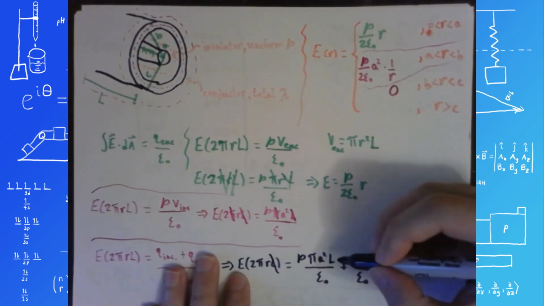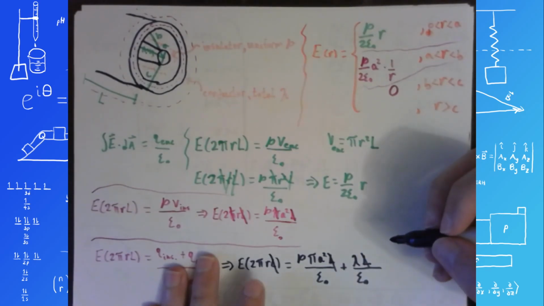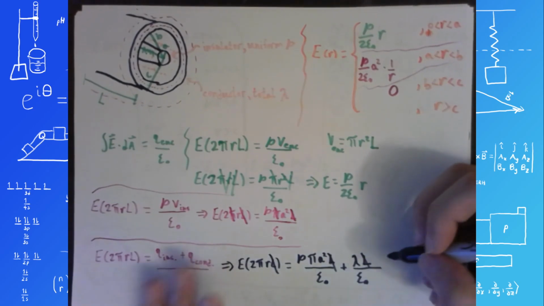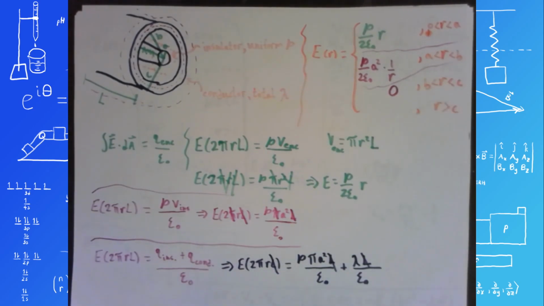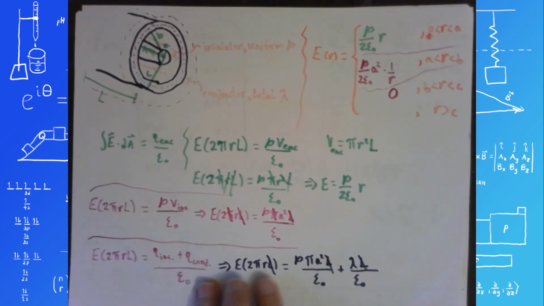Okay, the L's cancel out. I cannot cancel out the pi. I can cancel it from here, but there is no pi over here to cancel with, so I'm just going to leave it like that, and I guess I should have just written the whole thing over epsilon naught as is, and divide by 2 pi r.